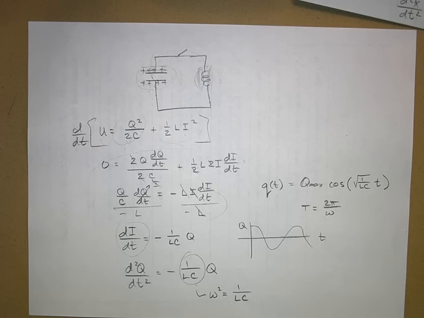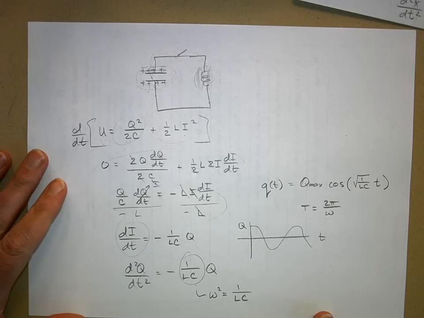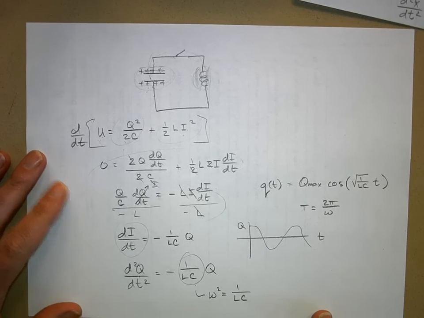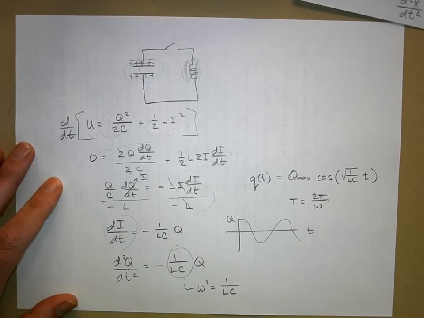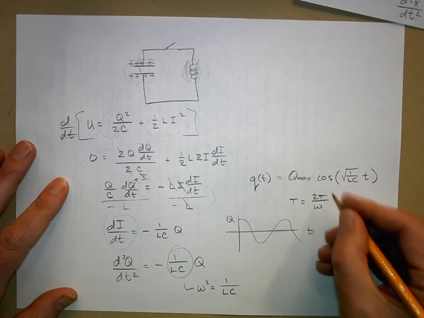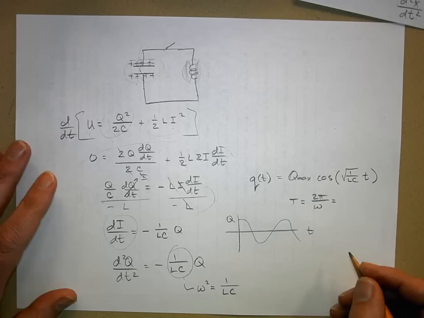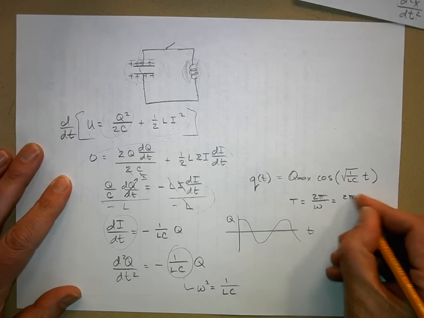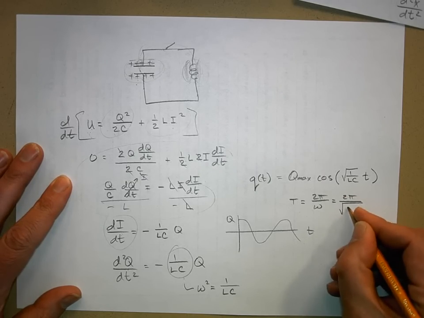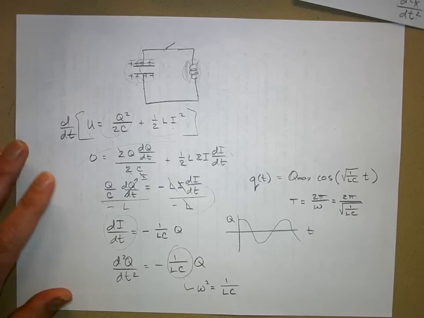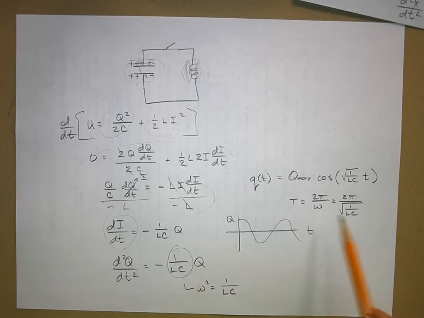This is what I didn't have time to do today in class because the bell rang. So this is going to be 2 pi divided by the square root of 1 over LC. Now, let me ask you this. What units does 1 over LC have to have?